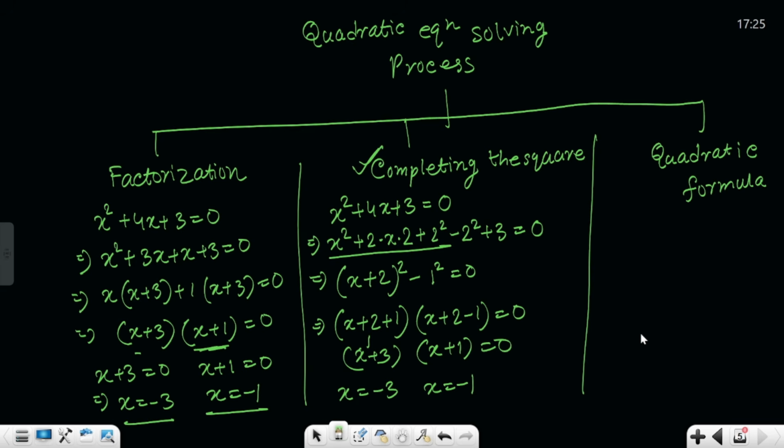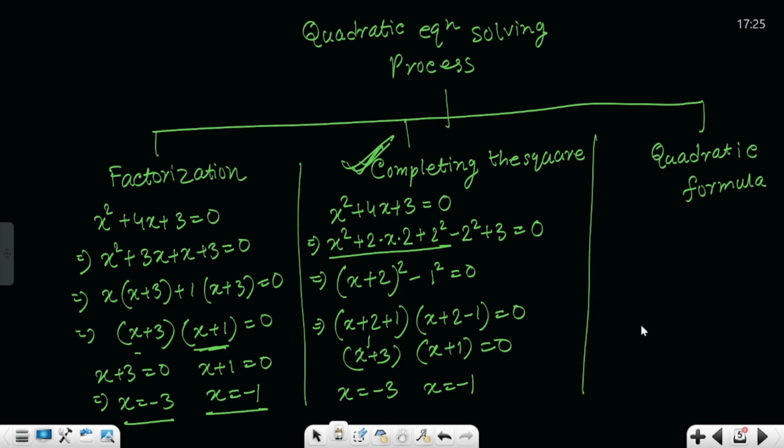First always try factorization to solve a quadratic expression. If that does not work, then we will go to the quadratic formula. We will not use this. Okay, so let us discuss the quadratic formula.